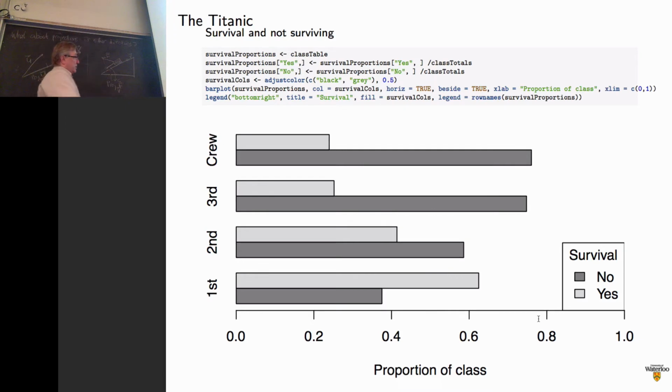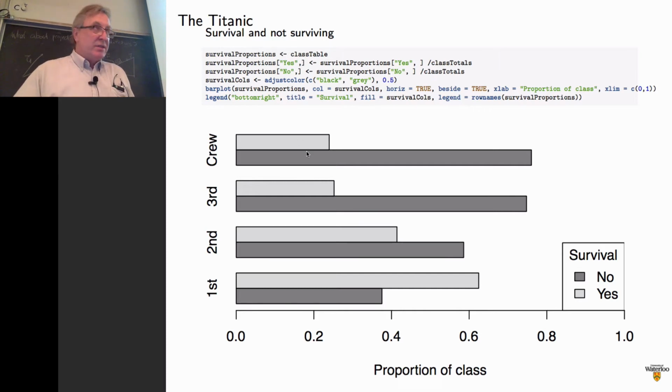We could look at those that survive and those that don't survive in the same plot. Again, these are bar plots, a little work in getting the survival proportions, but getting the bar plot and adding a legend. Those that do not survive, the proportion are in dark gray. You see the crew, lots do not survive, and a much smaller proportion of the first class do not survive.